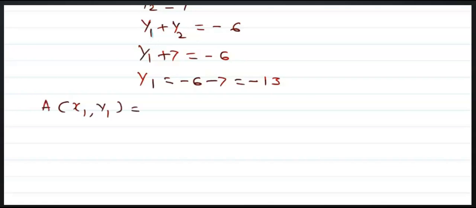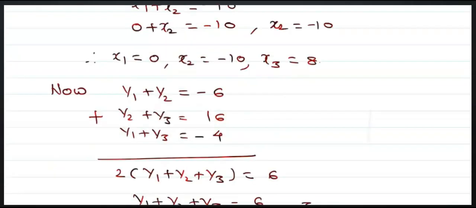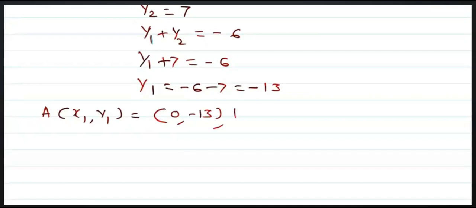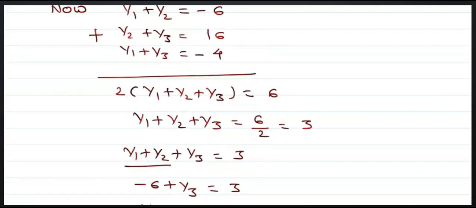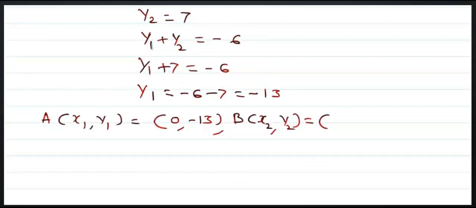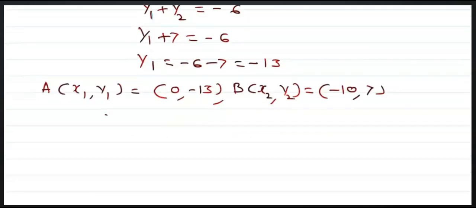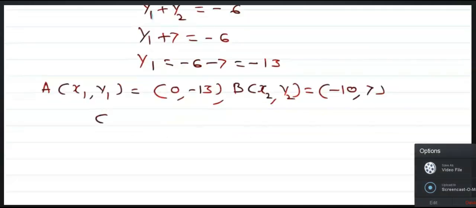x1, y1 whose coordinate is 0, minus 13. For B, x2, y2 whose coordinate is minus 10, 7.